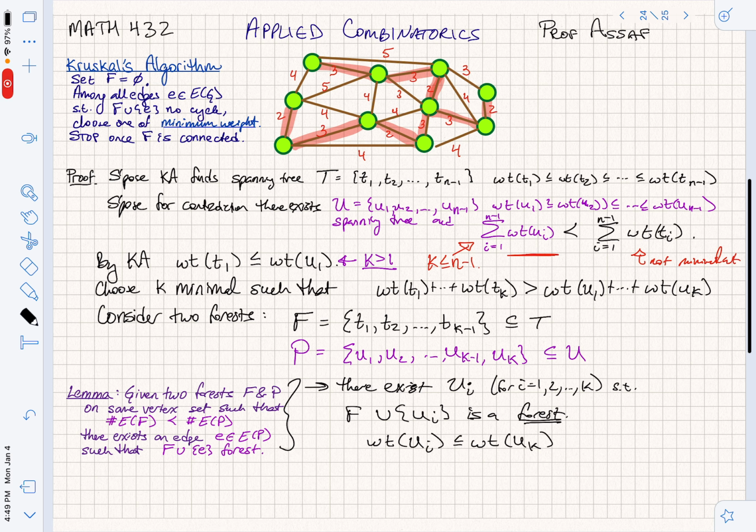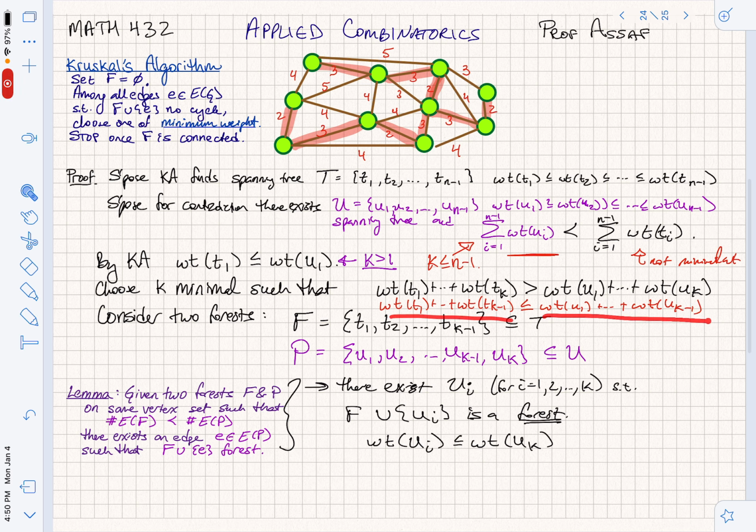But what else do I know about UK? Well, keep in mind that K is minimal such that I flip this inequality, so that means that in particular, maybe I'll write this statement down, that the weight of T1 up to the weight of TK minus 1 would have to be less than or equal to the weight of U1 up to the weight of UK minus 1. Right? That's what it means for K to be minimal. It's the first time it happens.